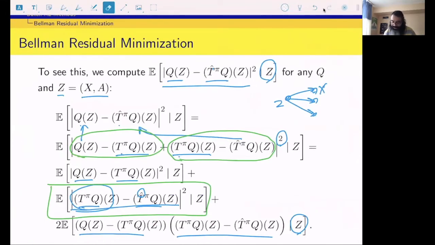The first answer is that it was the term that I have here. I wrote it in this form, like T hat pi of Q minus T pi of Q here. So that integral part is coming from T pi of Q. You just wrote it out, yeah.